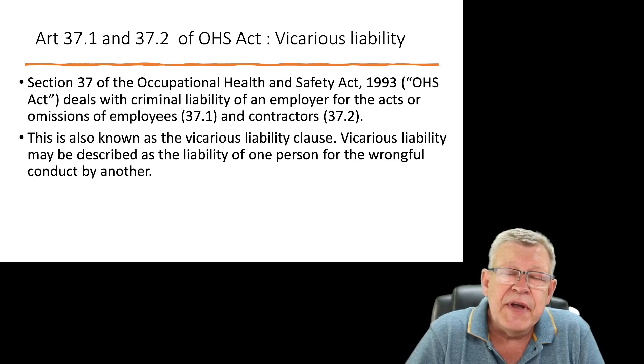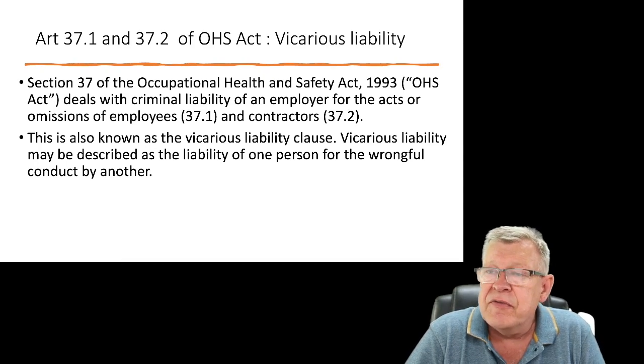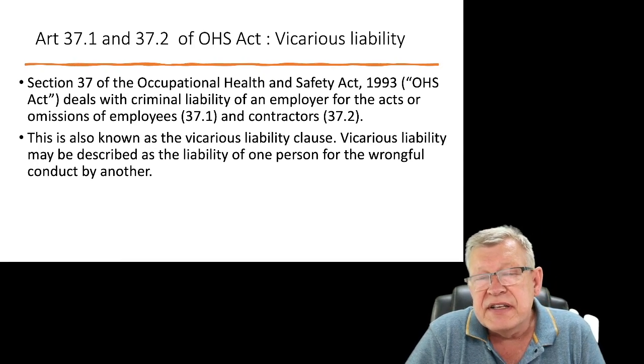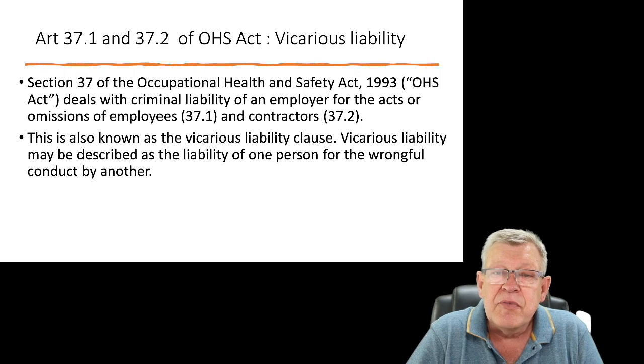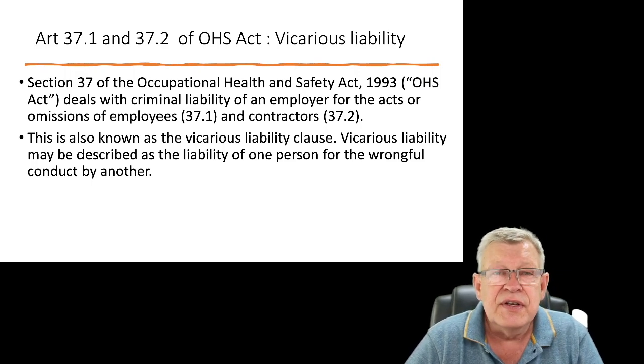This is what we call vicarious liability. So you can be found guilty for things that your employees did even while you were on leave in Spain or in America, whatever, provided you didn't do certain things that need to be done.